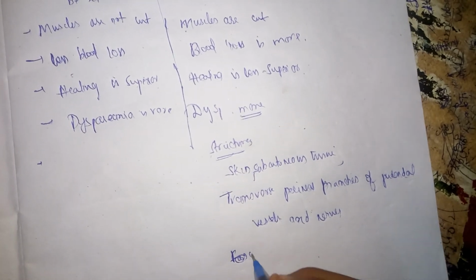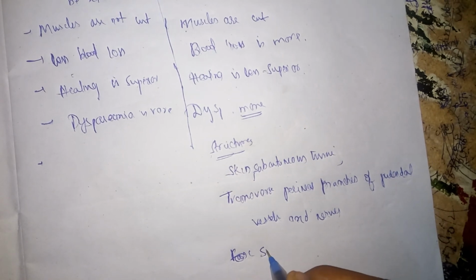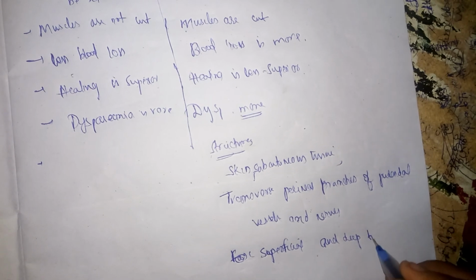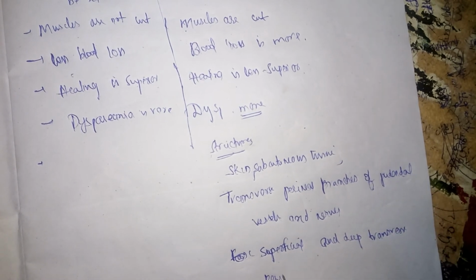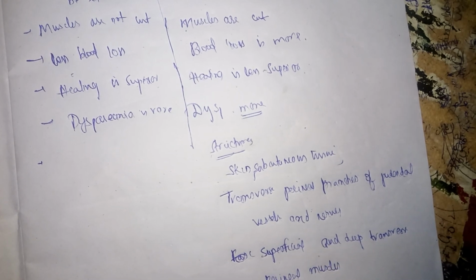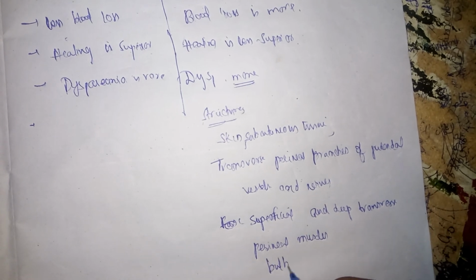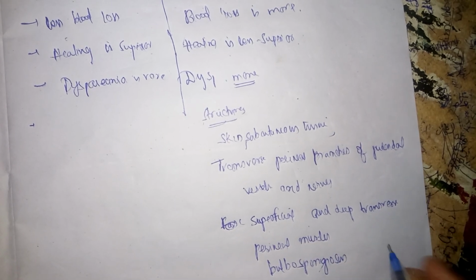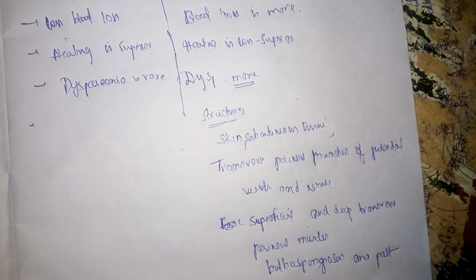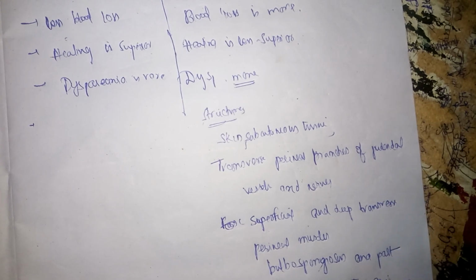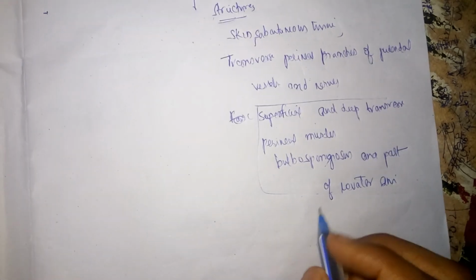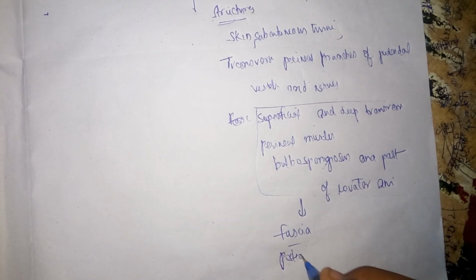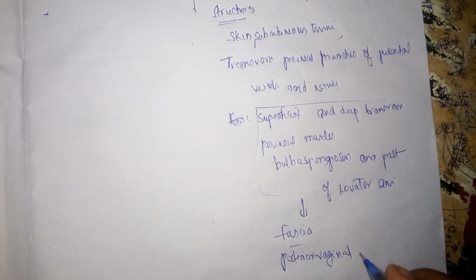First we will see the muscles that are torn. Superficial and deep transverse perineal muscles will be cut, bulbospongiosus muscle, and part of the levator ani muscle, and the fascia covering all these muscles, and the posterior vaginal wall.